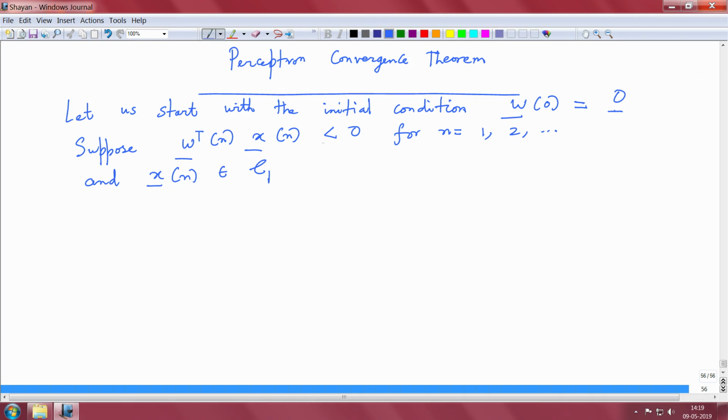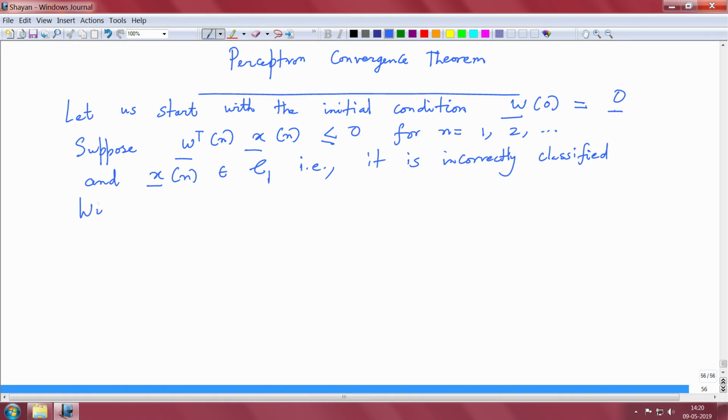I can put in the equality as well just to be consistent. So there is an issue here, which means it is incorrectly classified by this weight at time step n.